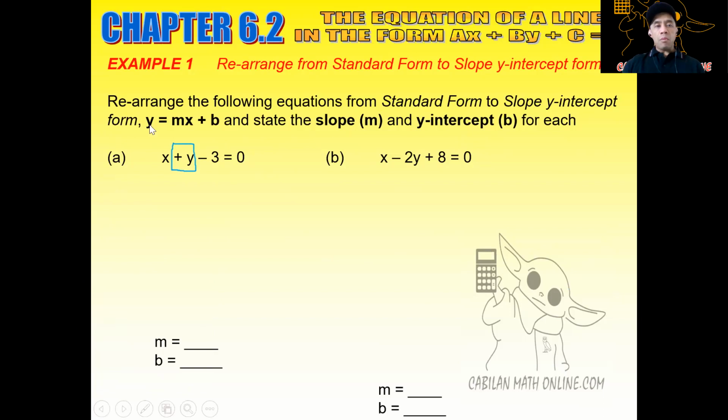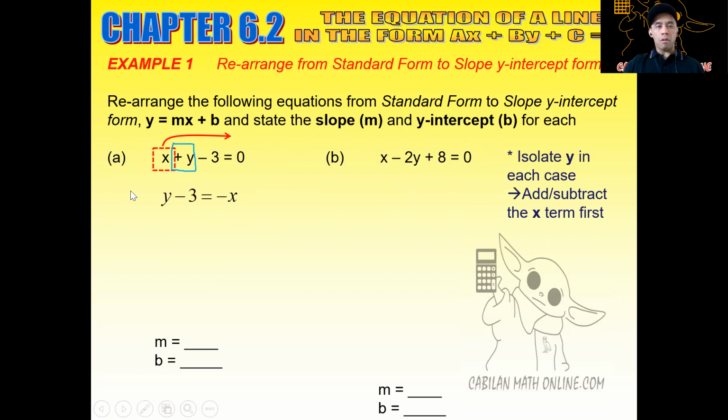Since we want the equation in that form, the very first term we have to move is the x term. Notice I've put a red dotted box around it to show that we're going to take this x, move it to the other side, and make it negative. That's our very first movement.